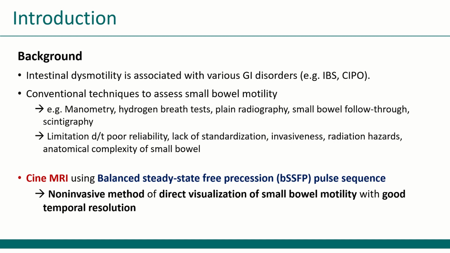However, these approaches have limitations due to their poor reliability, lack of standardization, invasiveness, exposure to radiation, and anatomical complexity of small bowel. Cine MRI using balanced steady-state precession sequence has emerged as a non-invasive method for directly visualizing small bowel motility with good temporal resolution.